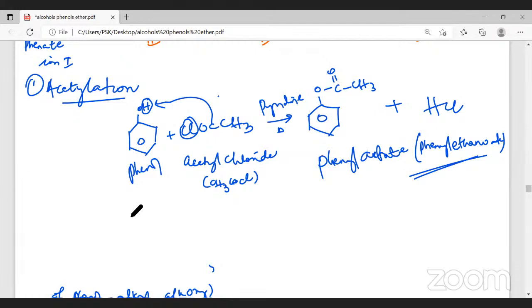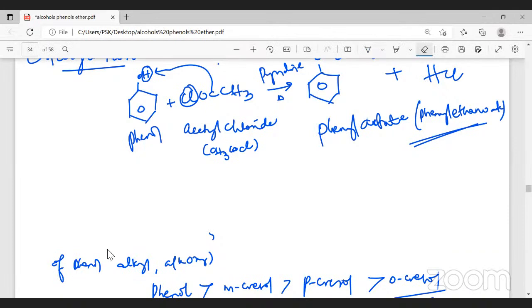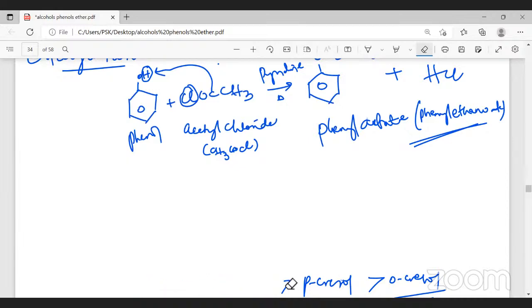Similarly, when phenol is reacted with benzoyl chloride, which is also an example of an acid chloride. From benzoic acid, C6H5COOH, if the OH group is replaced by Cl, then the molecule we get is called benzoyl chloride.